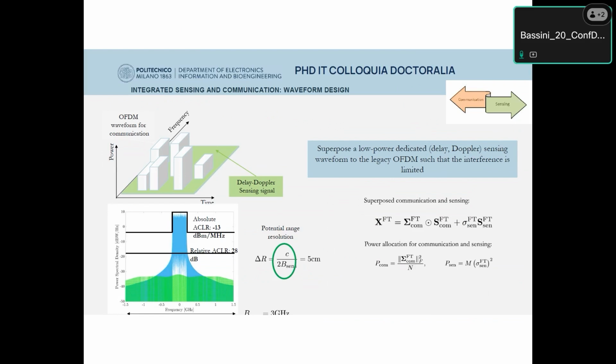And in this way, going through Doppler and delay, we have a very high spike. We optimize this kind of waveform in order to reduce the interference between the two systems. In this way, we are able to not change the standard for communication and achieve the same performance for communication, while at the same time obtaining a very high accuracy in localizing the targets.